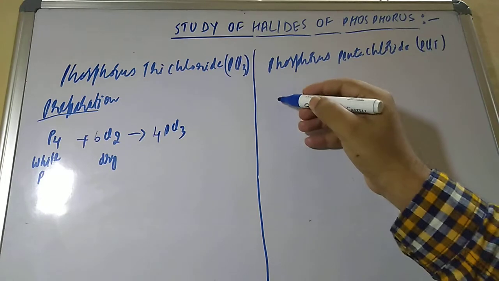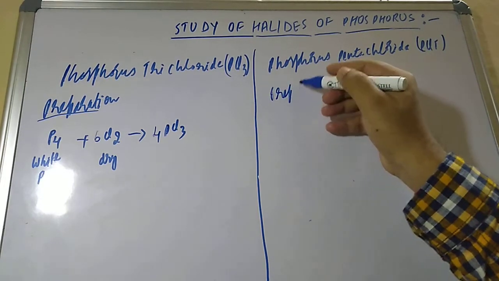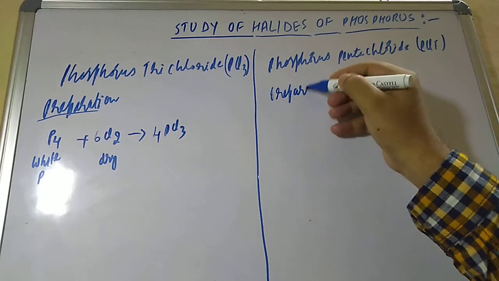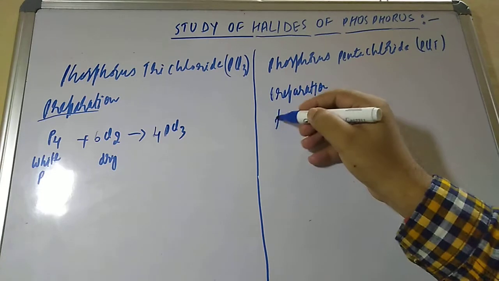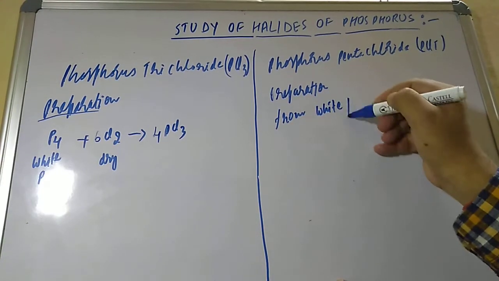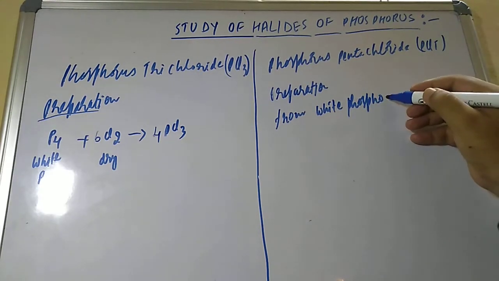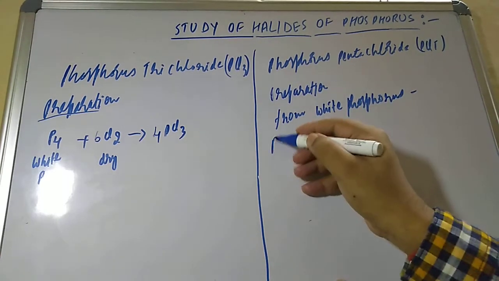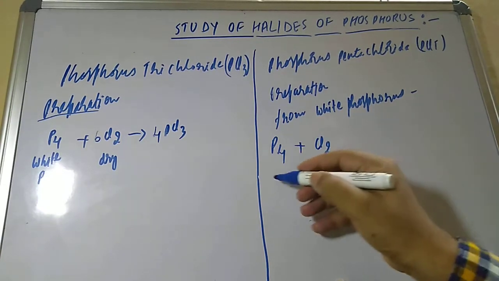Now we are going to study the preparation of PCl5 also. From white phosphorus, you take P4 and treat it with chlorine.